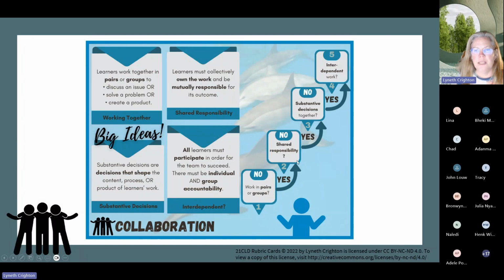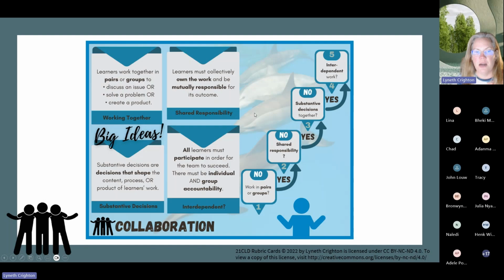If the answer is yes, then we ask, is it shared responsibility? So they must work together in pairs or groups to discuss an issue, solve a problem, create a product, but they must collectively own the work and be mutually responsible for its outcome. So in other words, there's one product that they all work on together.